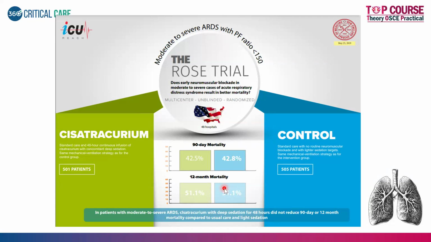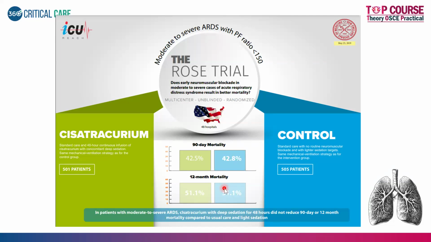Another understanding of the ACURASYS versus ROSE trial outcomes is that there was definitely a significant outcome when the PF ratio was less than 120, and when these patients received a neuromuscular blocker, that is cisatracurium, there was definitely an increase in survival benefit.